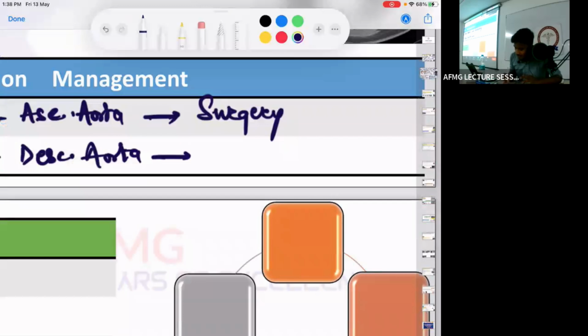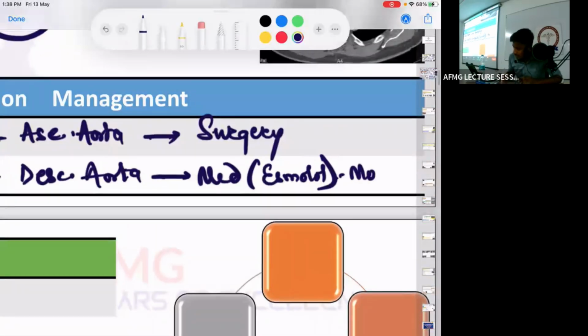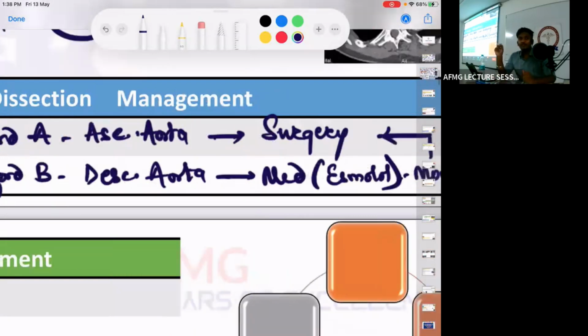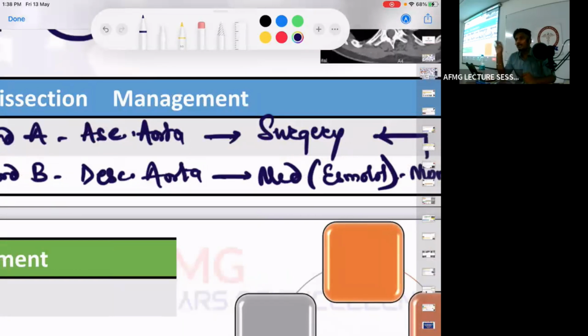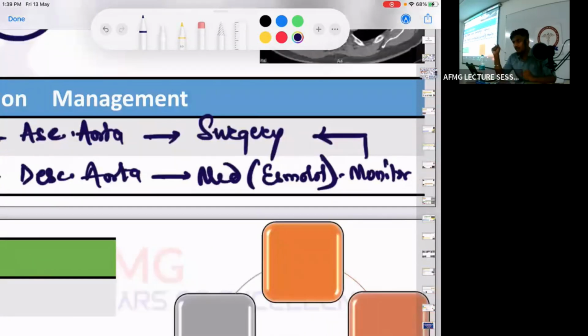Medical management is done. Which drug is given? A beta blocker like esmolol, and then we will monitor the patient. If the patient deteriorates, then we will go for surgery. This question comes: Stanford A, treatment of choice; Stanford B, treatment of choice is medical management with esmolol.